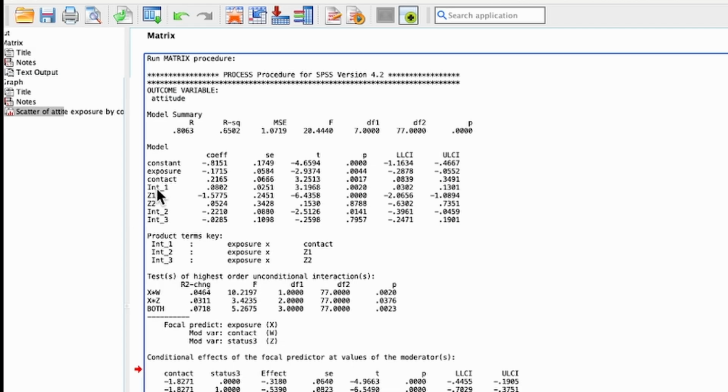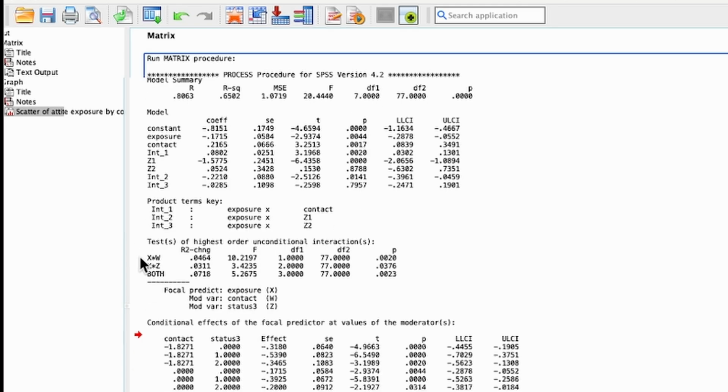In this case we see that interaction 1 is significant, it's lower than 0.05. Interaction 2 is also significant with a p-value lower than 0.05. Interaction 3 is non-significant, as we can see here, but because there are at least 2 interactions that are significant, PROCESS produces the conditional effects analysis.